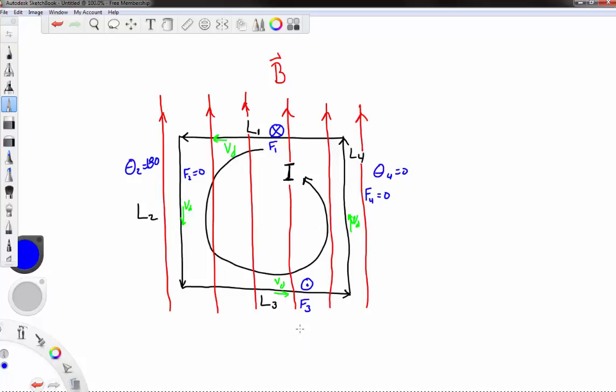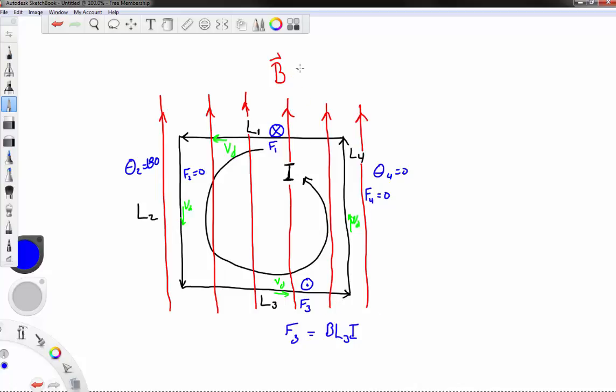And so the result of this is that if we wanted to add up all these forces, note that force number 3 is basically going to be the magnetic field strength times the length of this wire, L3, times the current, I, and then the angle is 1.